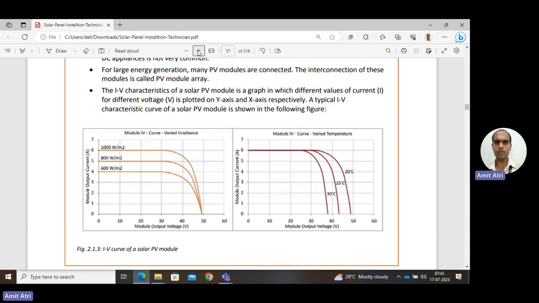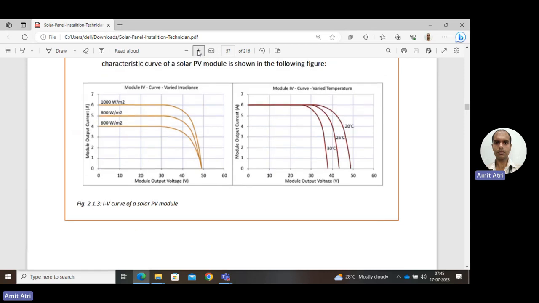In the other case, when the temperature is varying, the current is almost constant with a change in temperature, but the voltage is varying. As the temperature increases from 20 to 25 to 30, the voltage is decreasing.